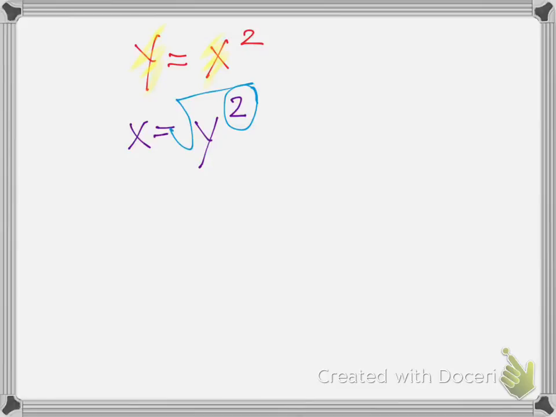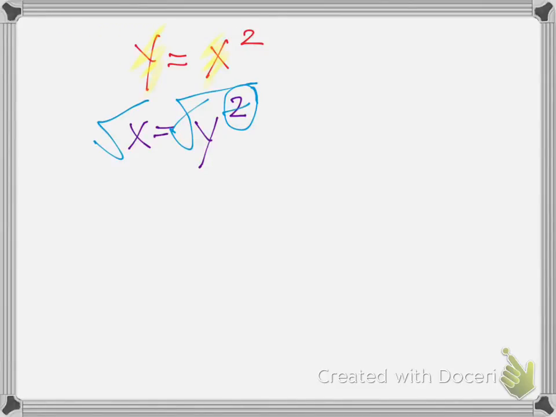Okay, the next example says find the inverse of y equals x squared. Since it's already in y equals form, I can just switch my x and y and now write this as x equals y squared. In order to get rid of this squared, I'm going to square root each side.